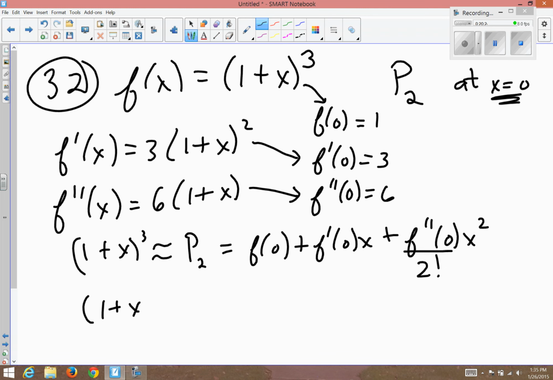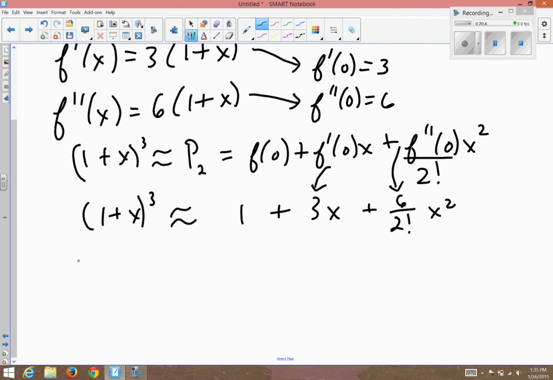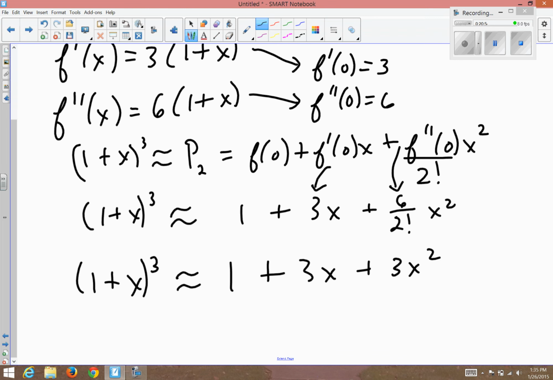So 1 plus x to the third can be approximated by the polynomial 1 plus 3x plus 6 over 2 factorial times x squared, because f prime of 0 is 3 and f double prime of 0 is 6. That is 1 plus 3x plus 3x squared, because 2 factorial is 2.